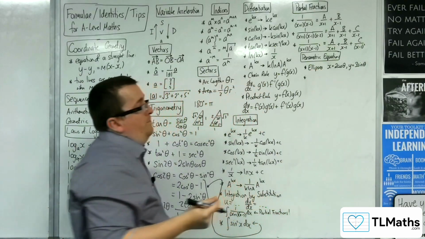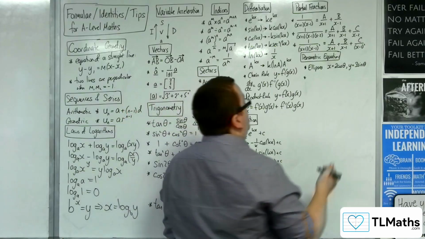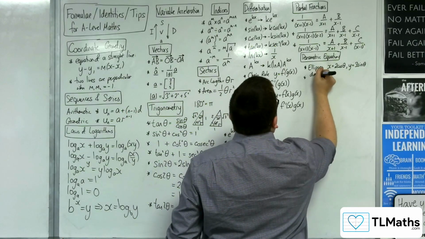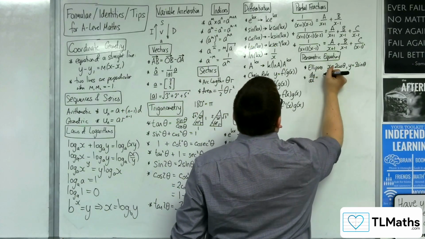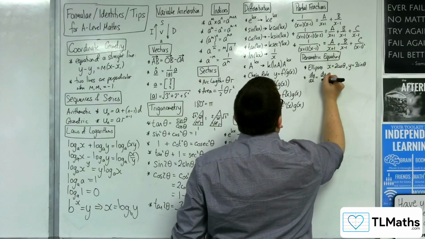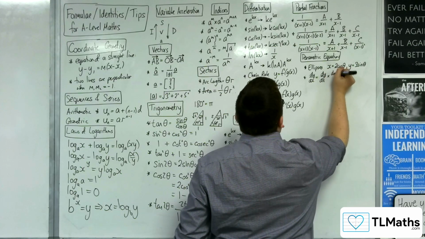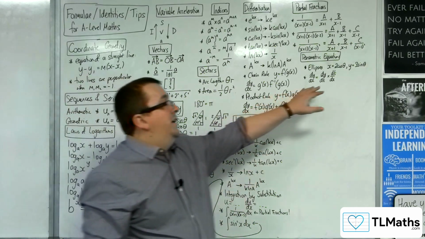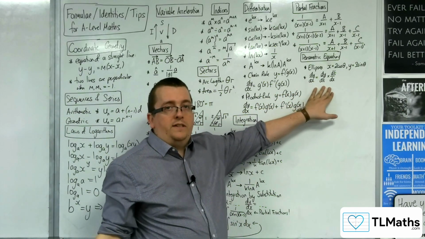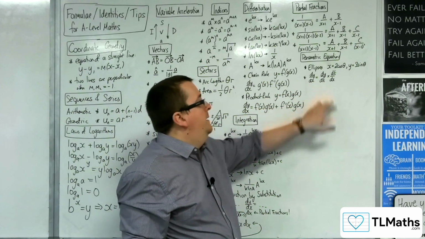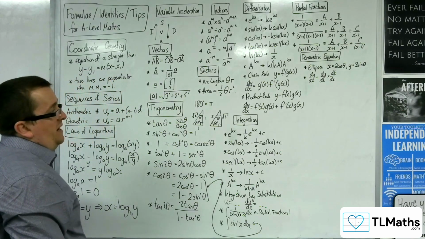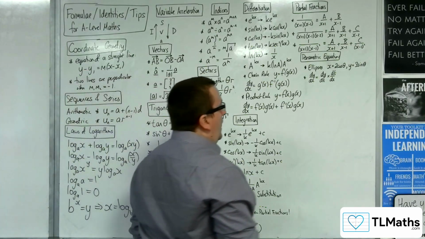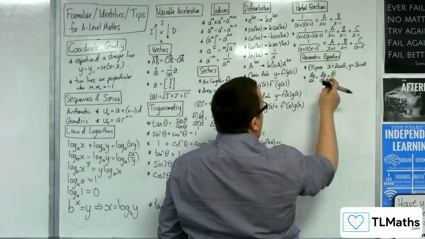It's still going to be an ellipse. Okay, parametric differentiation. So dy by dx is going to be dy by dt times dt by dx. If t is your parameter, this is the connected rates of change, effectively. This is the chain rule. So dy by dt times dt by dx for parametric differentiation.